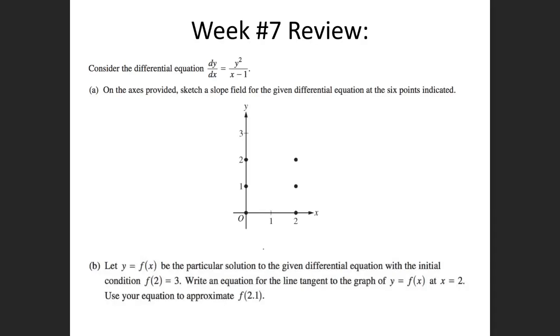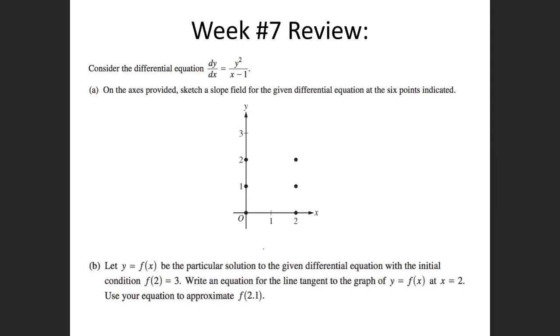All right. So last week we talked about slope fields, and this week we're going to talk about slope fields with separation of variables. The slope field, we'll just review here. When they give you a slope field problem, basically all you're going to do is, at all the points, find a slope and then draw that slope in.